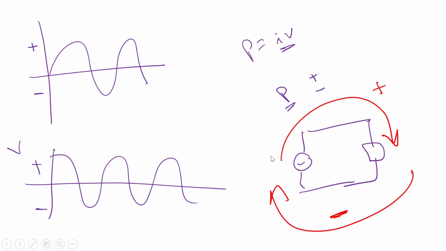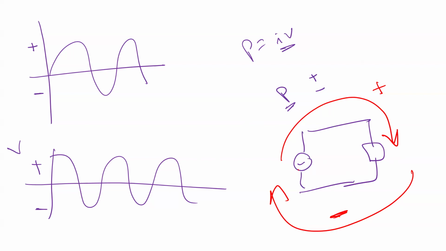Someone can ask me how the load is going to provide power to the source. Can anyone tell me? Something here doesn't make sense, right? How is the load going to provide power to the source? How can this happen? The load already has power, and then it's going to give this power back to the source. Any answer? Capacitor, right?